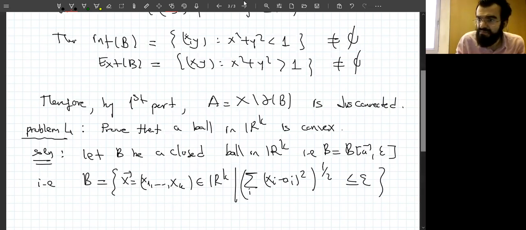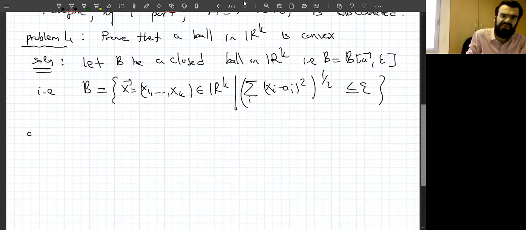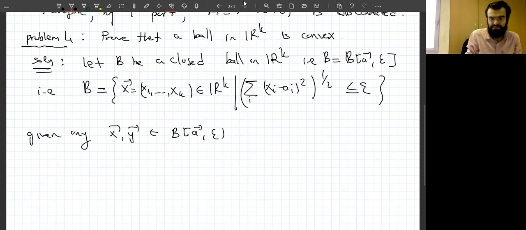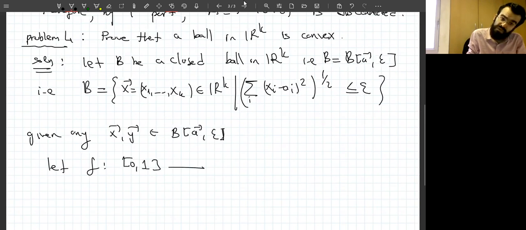Now, given any two points in our ball, let F be a line connecting x and y in here. Clearly, this Cartesian product is convex.